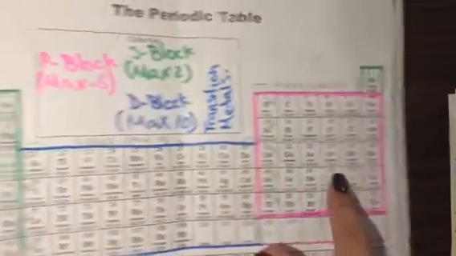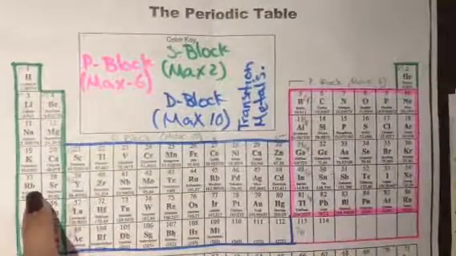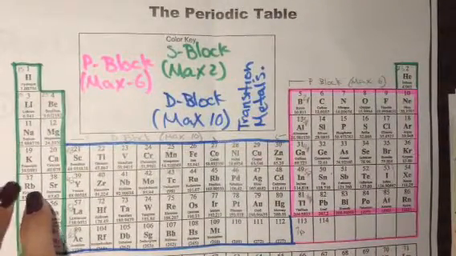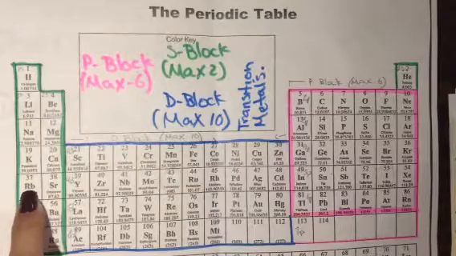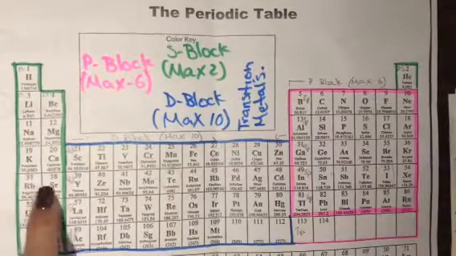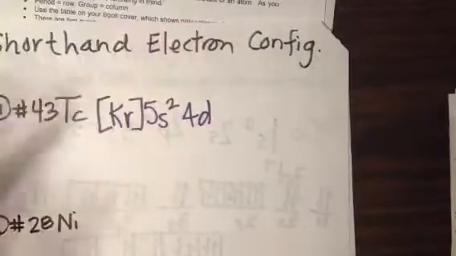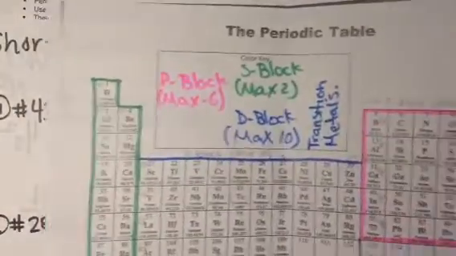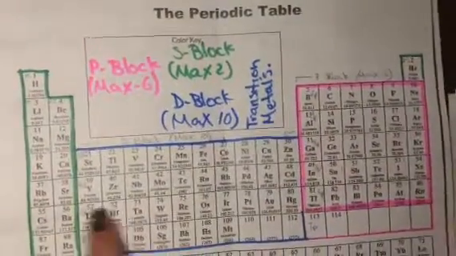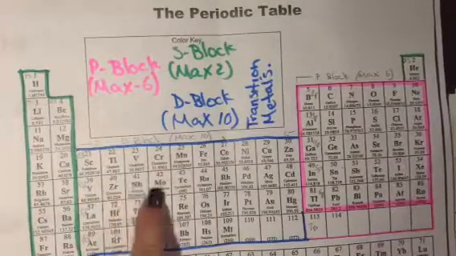After Kr, what energy level are you in? 5s. So you do Kr 5s, 1, 2, just like normal. After 5s2, it's 4d. 4d, 1, 2, 3, 4, 5.